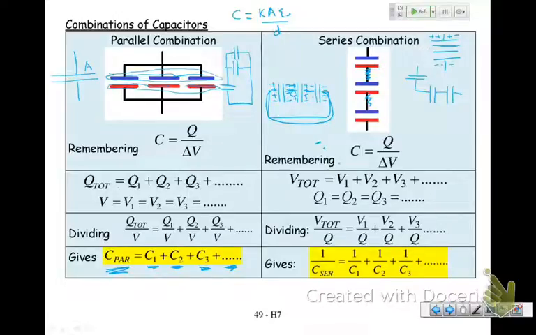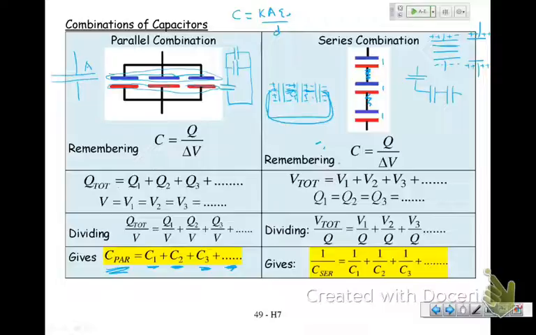I have negatives there. These plates in between are doing nothing. The positives cancel the negatives. So all we've done is we've just increased the gap. By doing this, we just increase the gap.